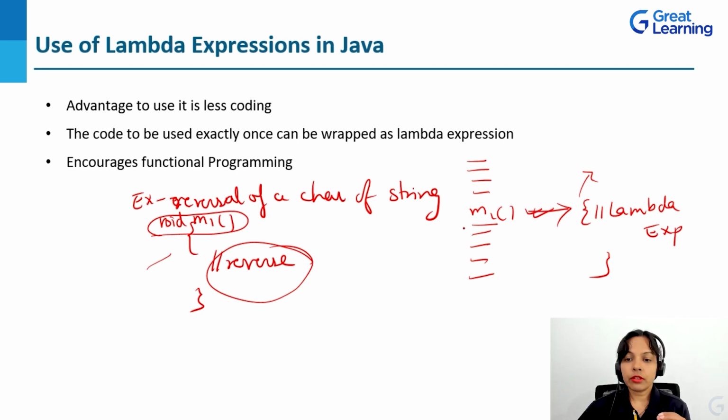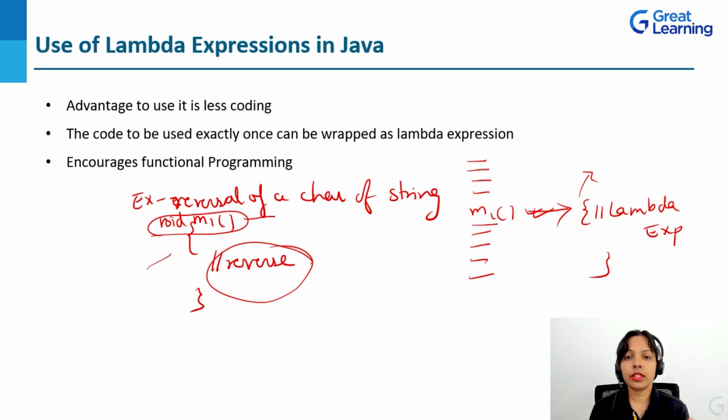Right? So this process removes the overhead of creating a separate method, calling that method, and method execution, which takes a long process at the backend in memory. But if the code is written there itself in the form of a Lambda expression, all this backend overhead is reduced.